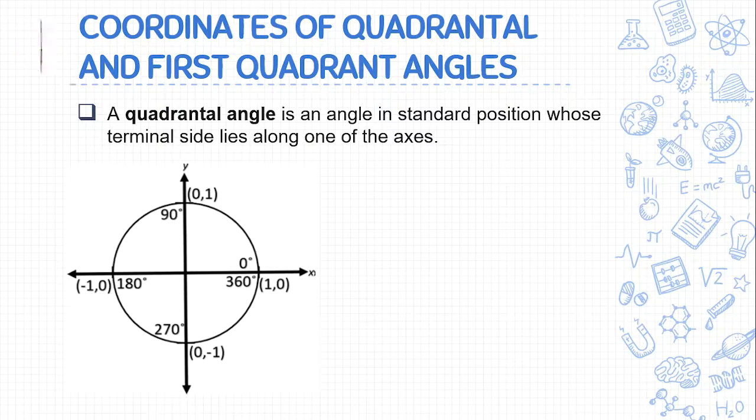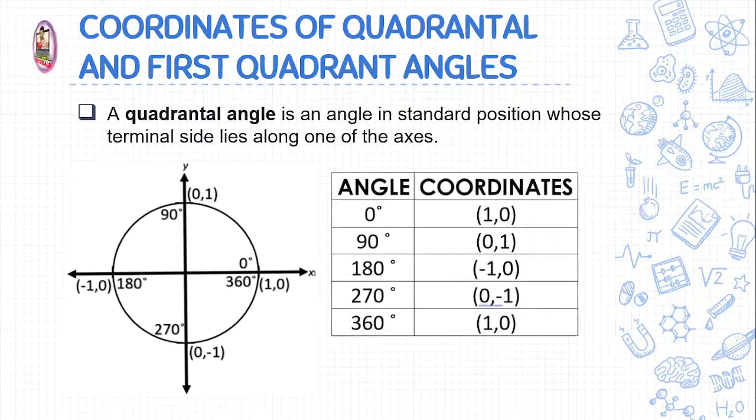So ito yung representation ng mga quadrantal angles. For example, ang 90-degree quadrantal angle siya. 180 is also a quadrantal angle, 270 is a quadrantal angle, and 360 is a quadrantal angle. So quadrantal angle sila kasi yung kanilang terminal side ay nakapaloob sa mismong x-axis or y-axis.